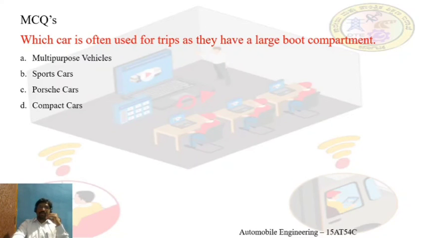Whenever we say trips, we are going to carry more people along with goods. There will be more goods. So whatever car we select should have more space for passengers as well as goods. Both these categories are available in a multi-purpose vehicle. That's why the answer is multi-purpose vehicle, option A.